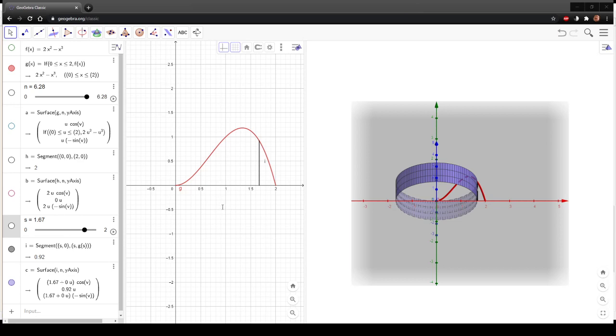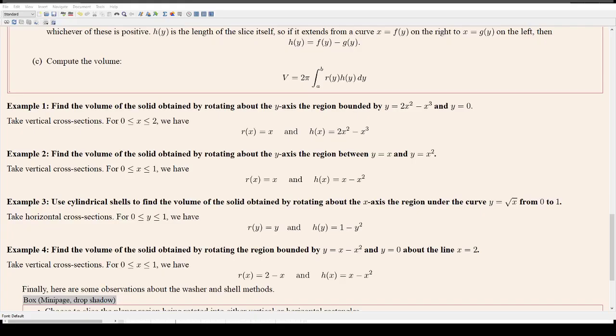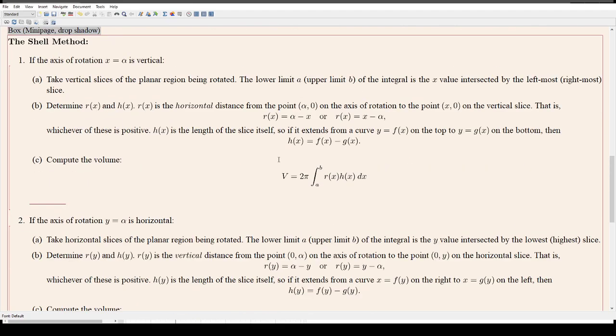Okay, so 4 examples. Find the volume of the solid obtained. Oh, I'm sorry. Let me say that again. So the radius is always going to look like this, where alpha comes from the axis of rotation.